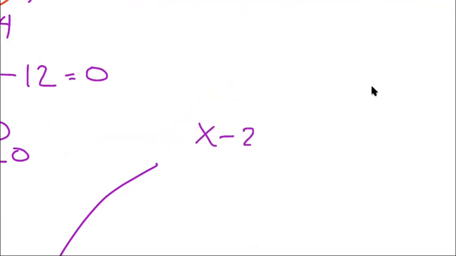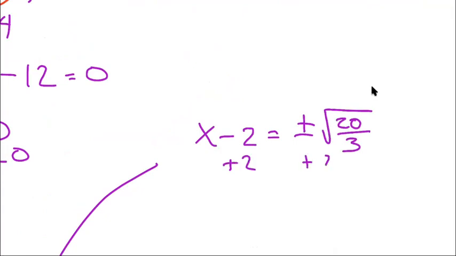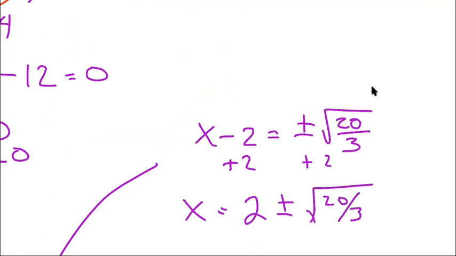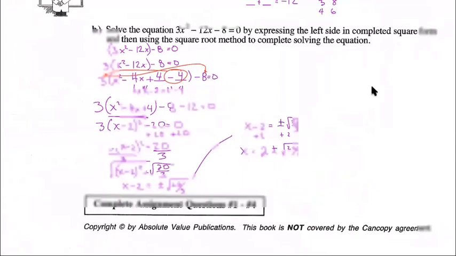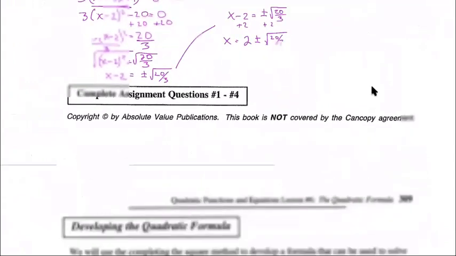Add 2, x equals 2 plus or minus the square root of 20 over 3. And again, you can leave your answer there as an exact value, or you may be asked for the decimal value. So you'd have to calculate those, the plus version and the minus version. Over the page.